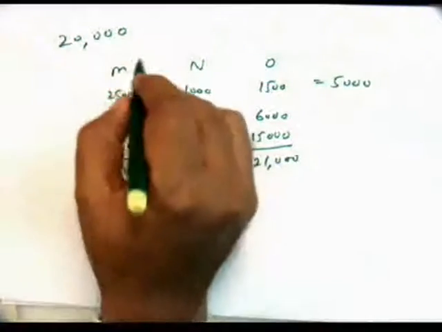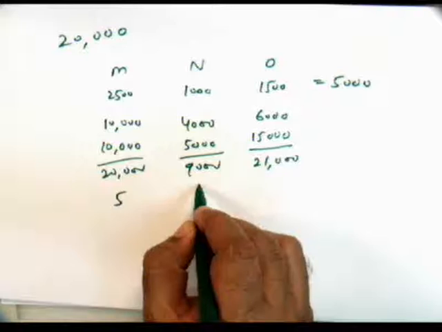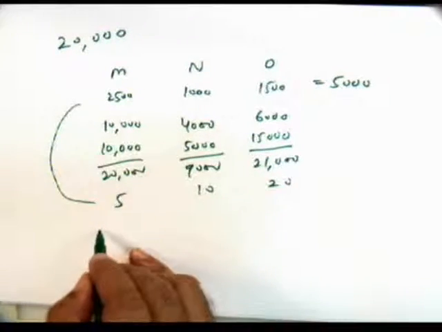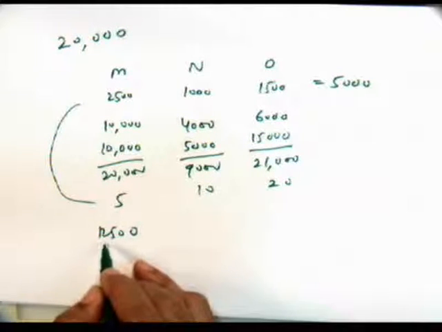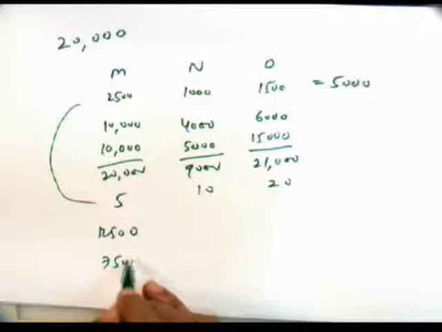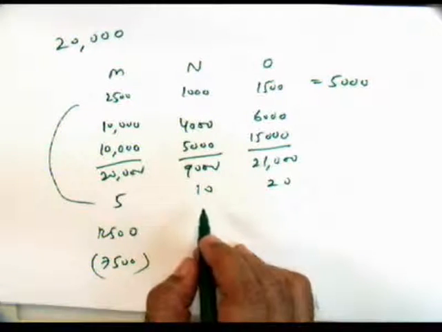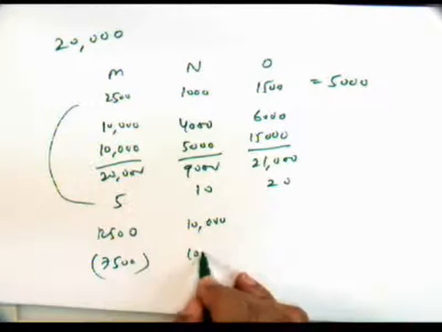Price is given, 5, 10, 20. So you multiply. So your revenue is less, so there is a loss of 7,500. $10,000, 1,000 profit.